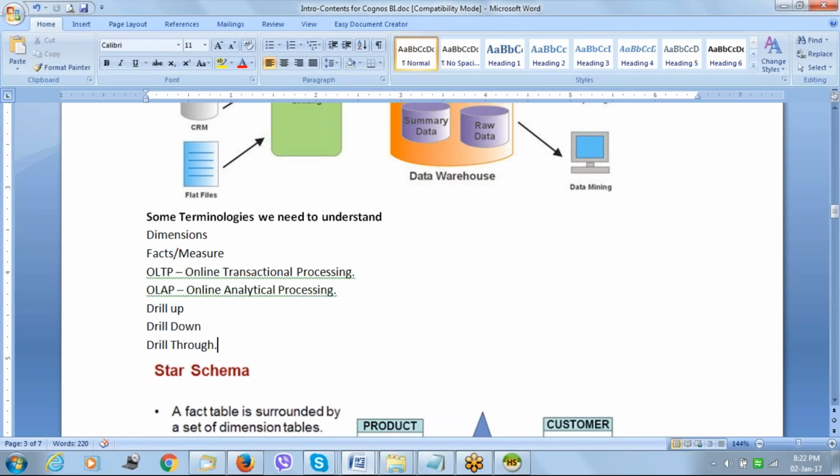Drill through is something different, not like drill up and drill down. For example, I have a summary report with only two columns: product and revenue. But you want to see the detailed report: what is the product, who bought this product, on which date they bought it, how much quantity of the product was sold, what is the unit price, and what is the total sales.